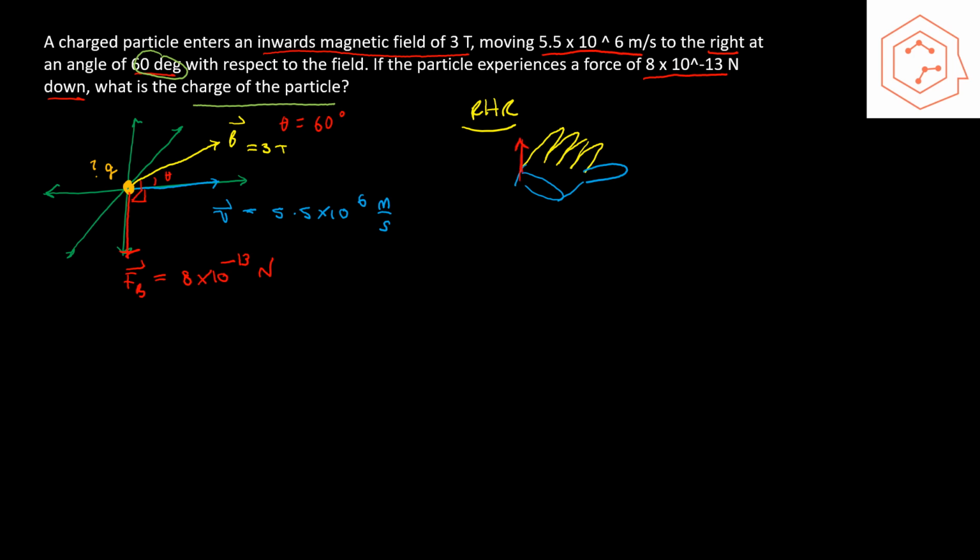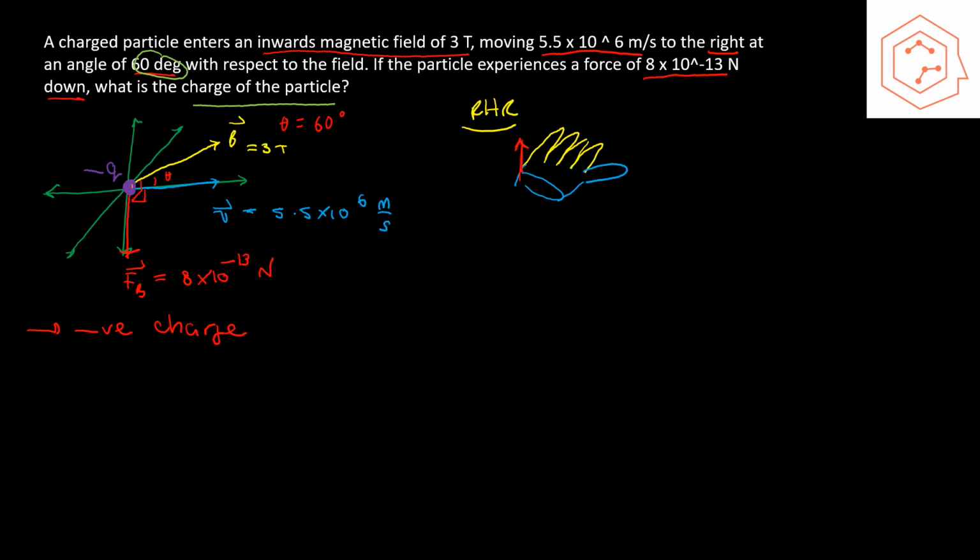So a positive charge would feel a force upwards, which means that since our charge is feeling a force downwards, it has to be a negative charge. So our charge in this case is negatively charged, such that it experiences a force downwards.